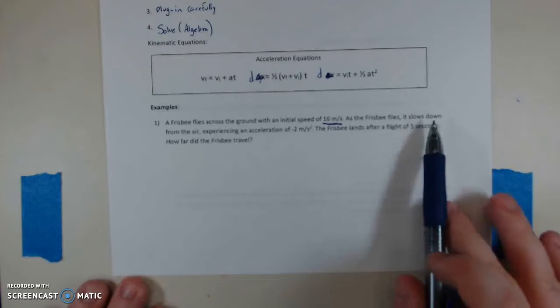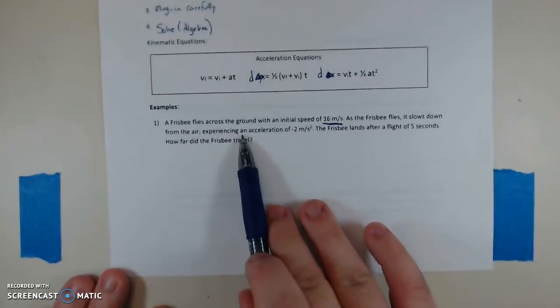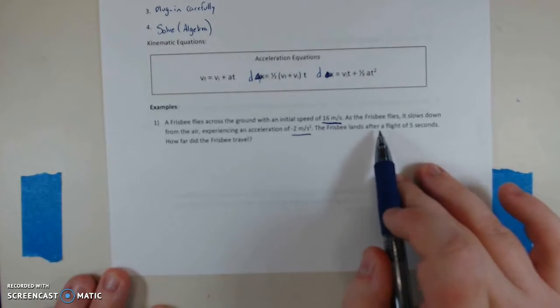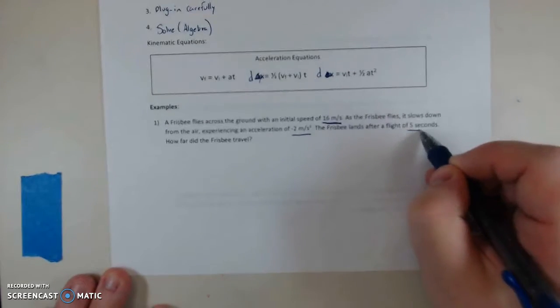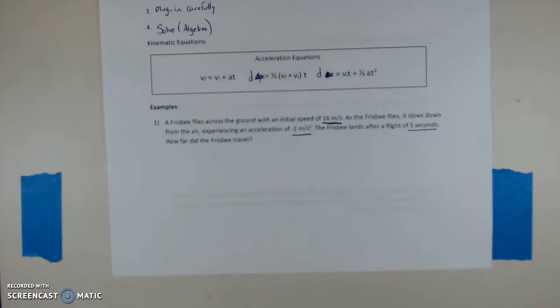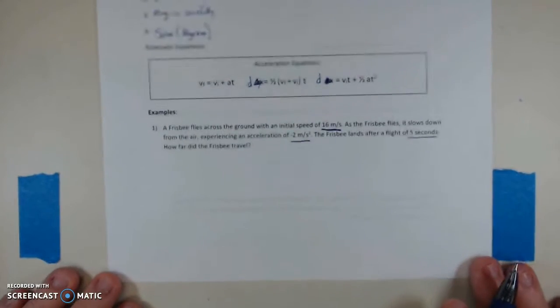As the frisbee flies, it slows down from the air, experiencing an acceleration of -2 meters per second squared. The frisbee lands after a flight of 5 seconds. How far did the frisbee travel? All right, so in this scenario, the distance is usually referred to as how far.